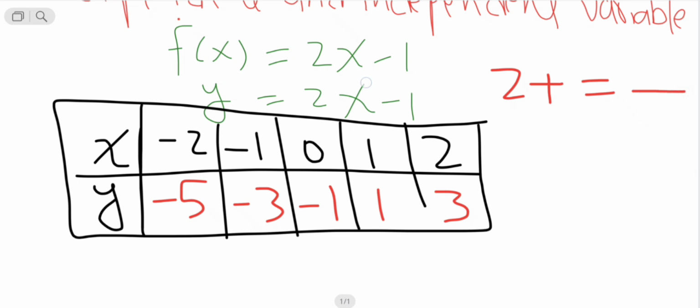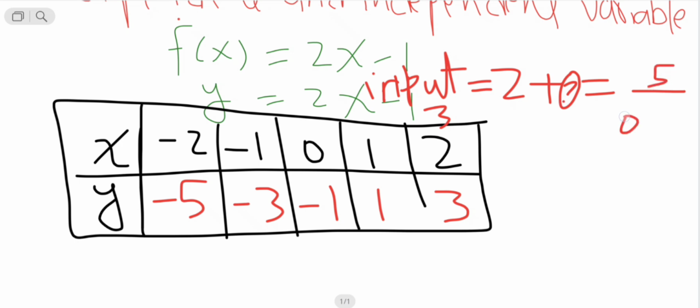So the input, for example 3, so 2 plus the input is 3, so 2 plus 3, that is equal to 5, so that is the output. So this is what we learned in previous classes.